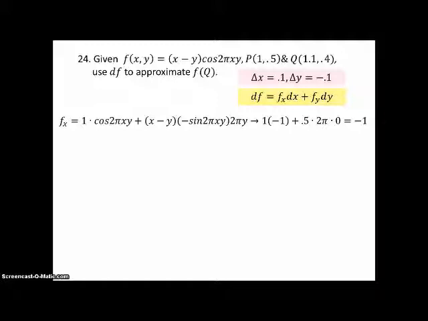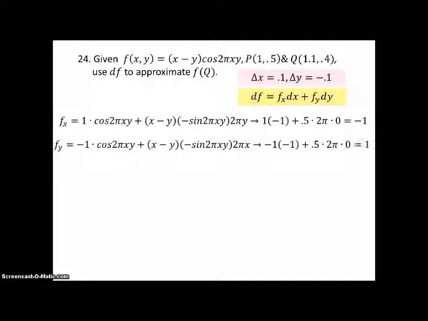And notice that in the second term we have a composite function, so we take the derivative of cosine, which is negative sine, and then the derivative of the inside, if y is treated as a constant, is 2 pi y. Then we plug in the numbers from our nice point, and we get our f sub x to equal negative 1. Here's the partial derivative with respect to y.